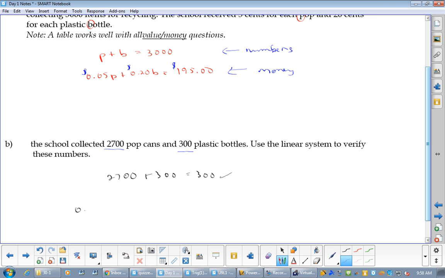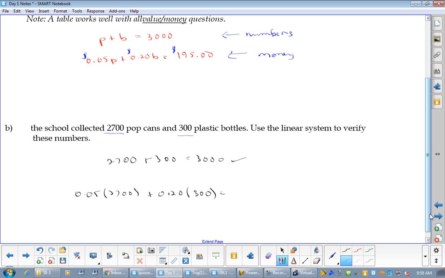Is 0.05 times 2,700 plus 0.20 times 300 equals 195? And you'll find that does work.